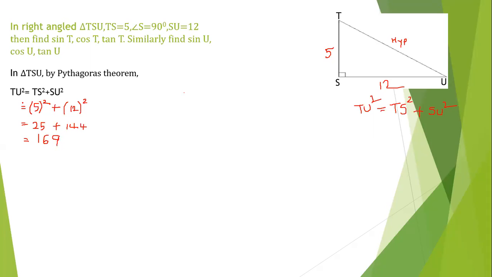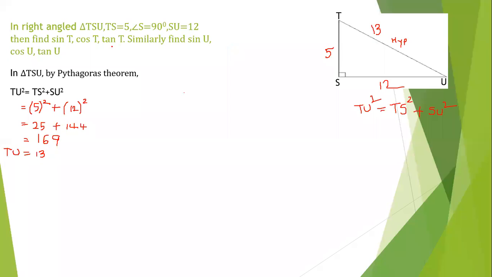So we got TU square as 169. Now we will find the square root from both the sides. So by taking the square root on both the sides, we will get TU is equal to 13. So we got the value of hypotenuse as 13.